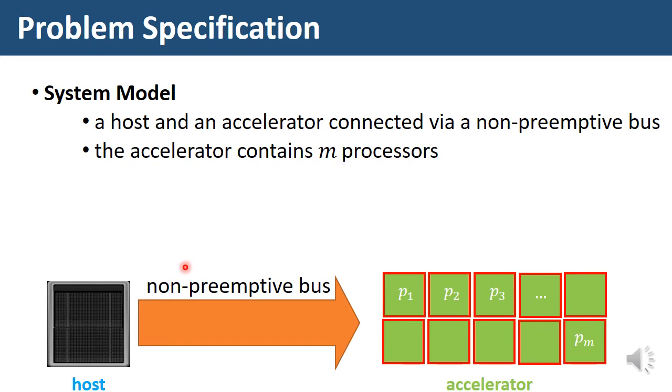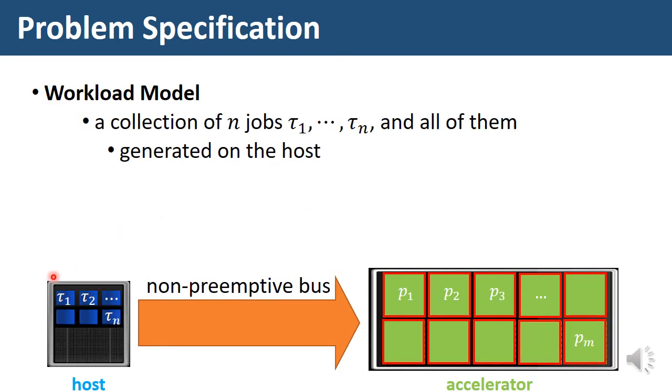In our system model, we have a host and an accelerator connected by a non-preemptive bus, and the accelerator contains M processors from P1 to Pm. We schedule n jobs tau 1 to tau n, and all of them are generated on the host.